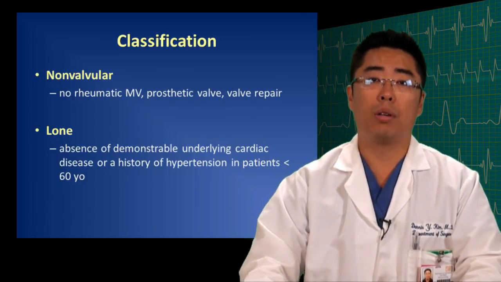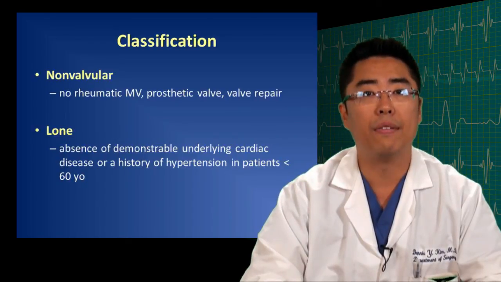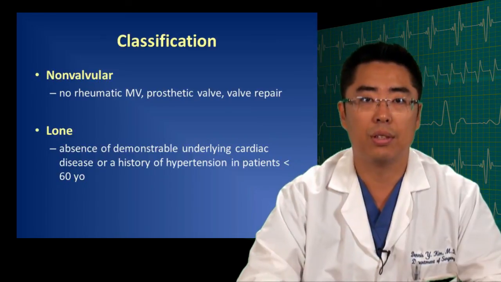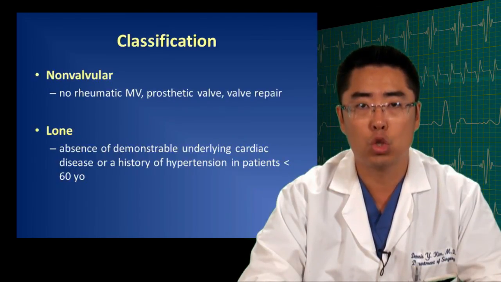Again, one of the other important distinctions is distinguishing between non-valvular and valvular atrial fibrillation. The primary importance of this is that non-valvular atrial fibrillation, particularly in patients who are already anticoagulated, poses a lesser risk of stroke in the setting of withholding anticoagulation.